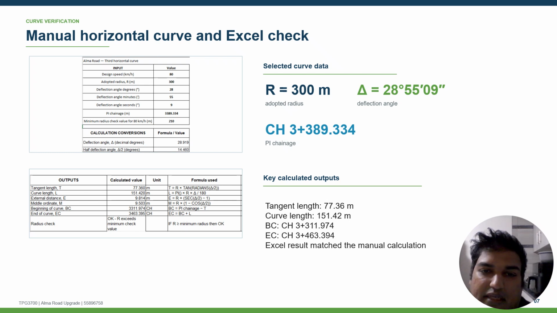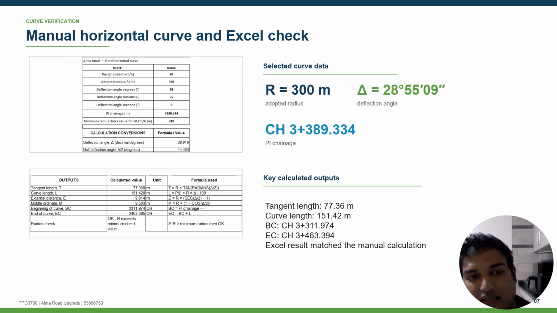From the manual calculation, the tangent length was calculated as 77.36 meters. The curve length was 151.42 meters. The external distance was 9.81 meters and the middle ordinate was 9.5 meters.